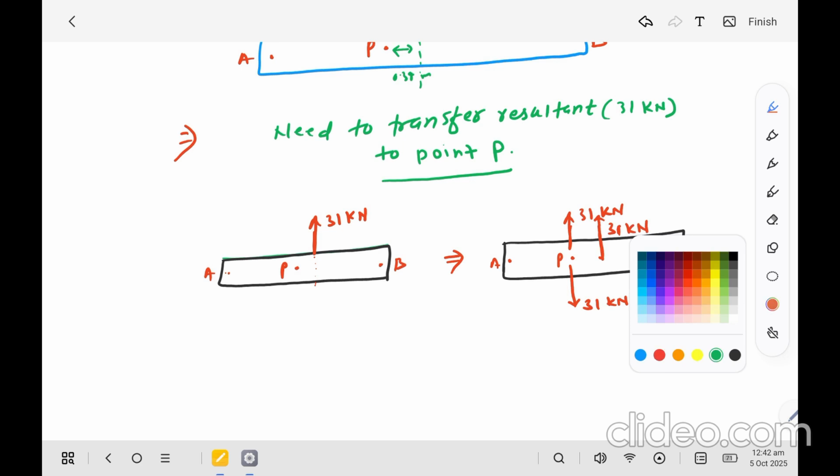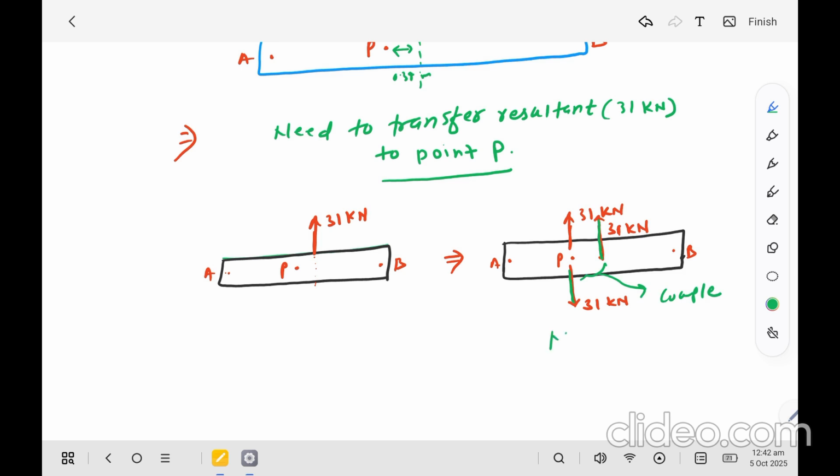So this force and this force will form a couple, and the magnitude of that couple will be force into distance, 31 into 0.34, so the value is 10.5 kilonewton meter.